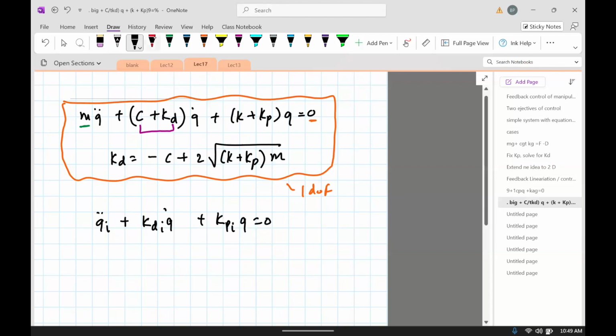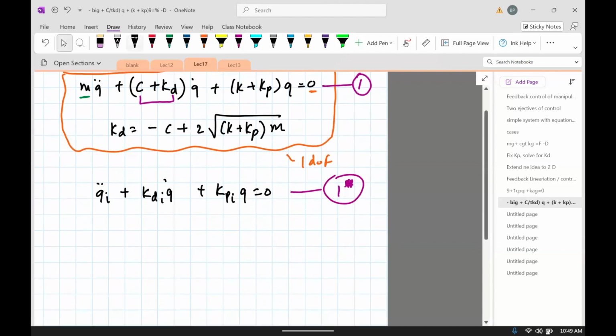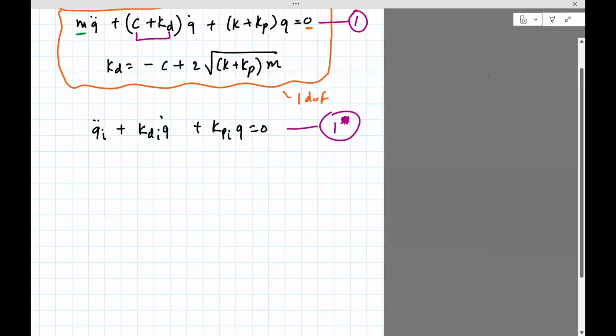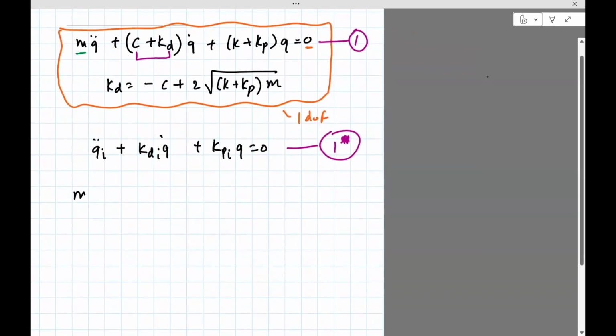Now you can compare this equation with this equation, call it 1 star. They are very similar. In fact, if you put m equals 1 in the first equation, c equals 0 and k equals 0, then you should actually get 1 star.